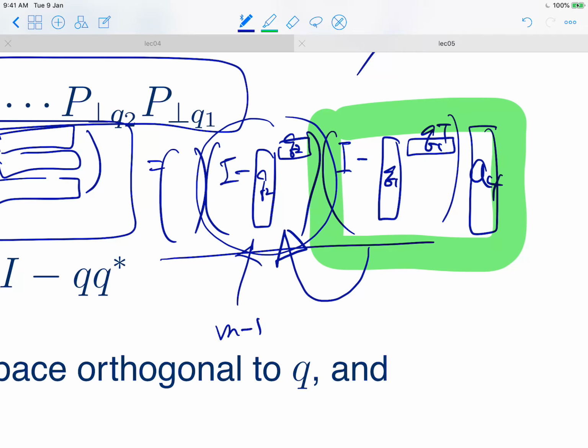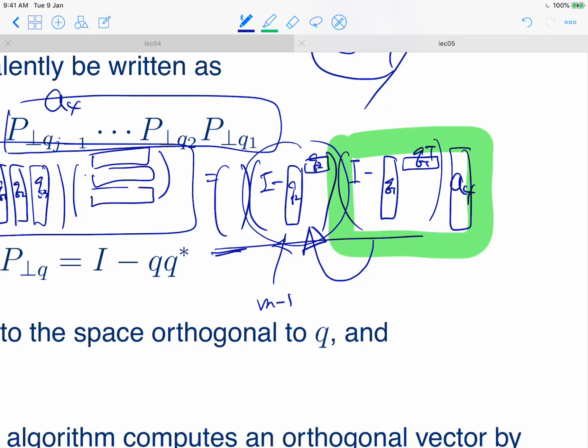And then if we project it onto another m-1 dimensional subspace, the result won't have Q1 or Q2 either, right? So it doesn't include any of these two. And the third one can also do the same job, right?